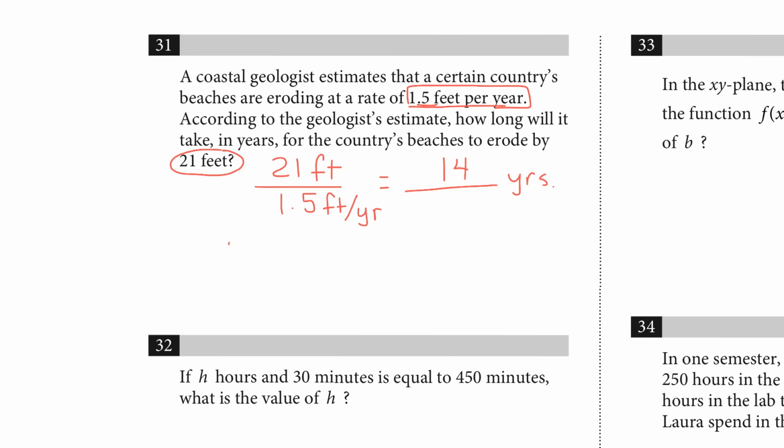You could also do 21 divided by 3/2, which is 21 times 2/3. And of course, we know that 3 goes into 21 7 times, and so 7 times 2 is 14, and that was the correct answer for number 31.